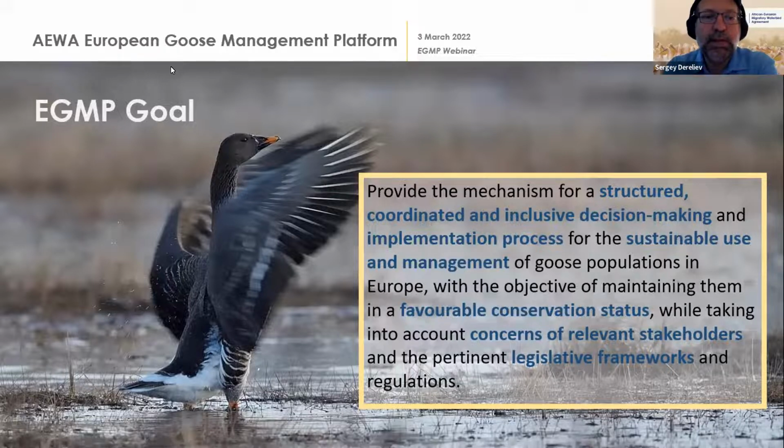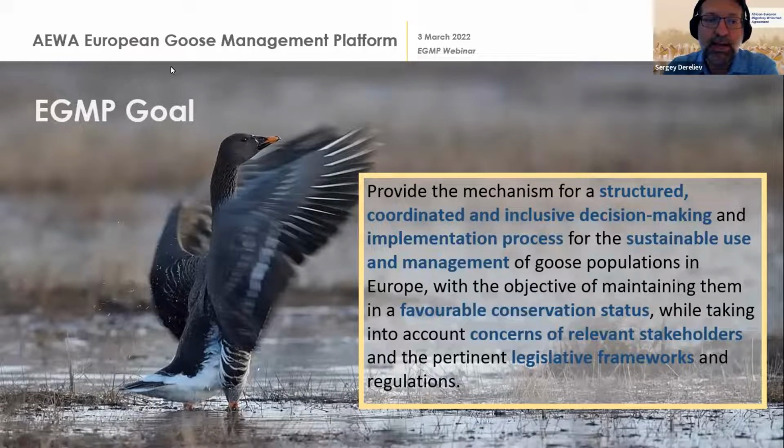And this is distilled information from what you saw in the earlier slides. The EGMP was seen as a mechanism for a structured, coordinated, and inclusive decision-making and implementation process for sustainable use and management of goose populations in Europe, with the objective first to maintain them in a favorable conservation status, while taking into account various concerns of relevant stakeholders and the pertinent legislative frameworks and regulations.